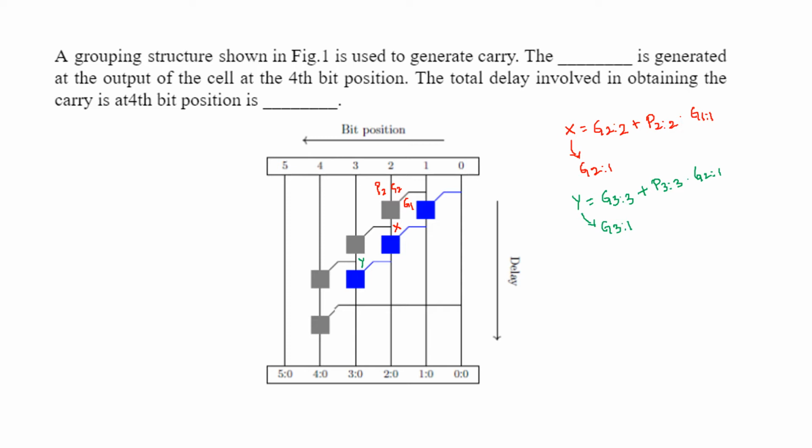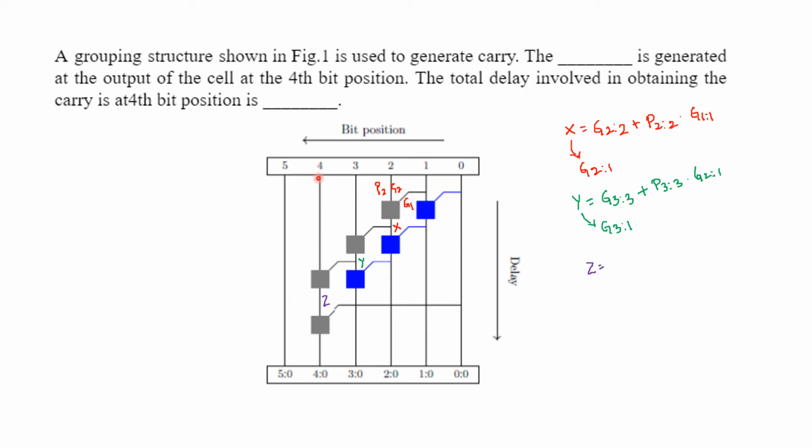Now let's take the next position, which is this. Let us take the next position, which is this. So let me call this as Z. Okay. So at Z, what are the inputs here?